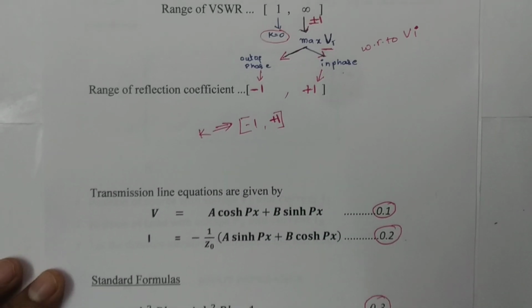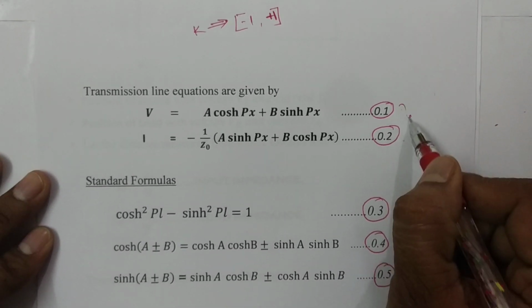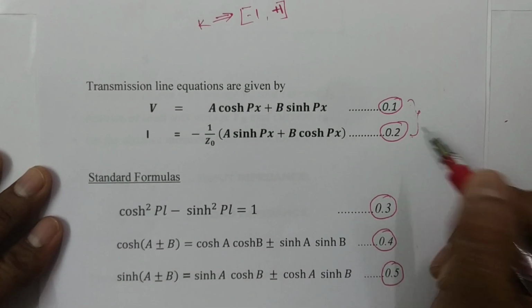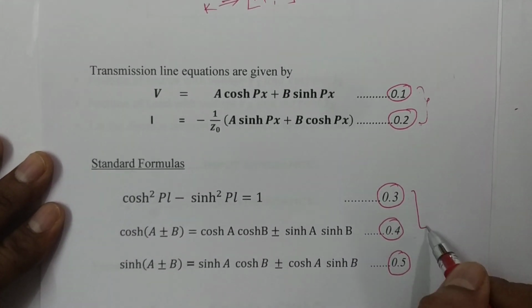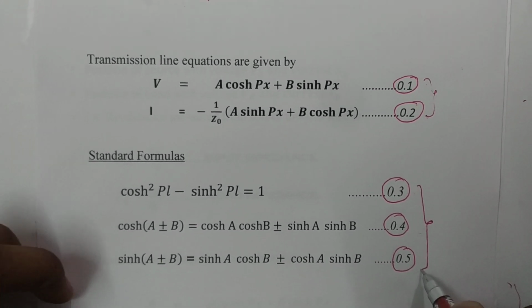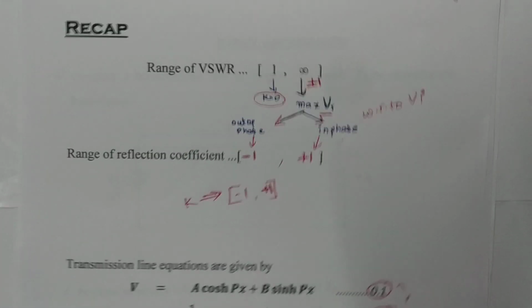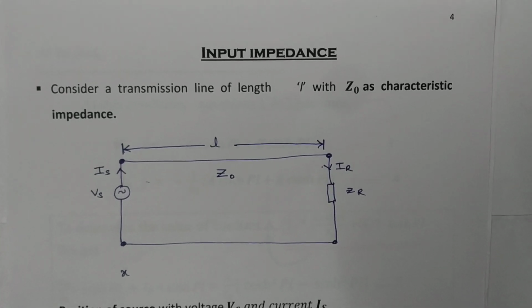Now the transmission line equations are given by 1 and 2. These are standard equations useful in deriving the input impedance. Input impedance.